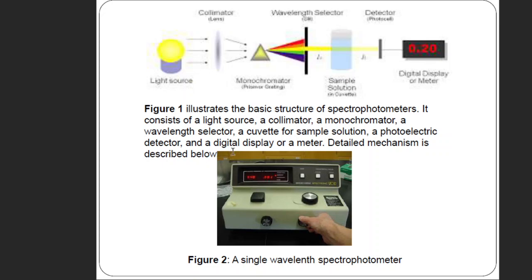So spectroscopy is nothing but the interaction of light with matter. And what are the further uses of this? Based upon the need or the instrumentation, there are several different variants of it. We will discuss in coming lectures the different types of spectrophotometer used for particular purposes.